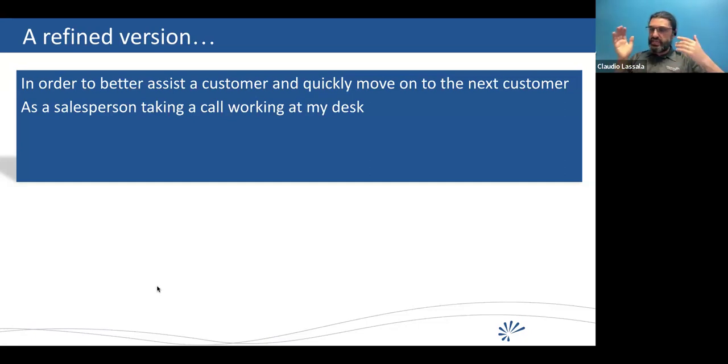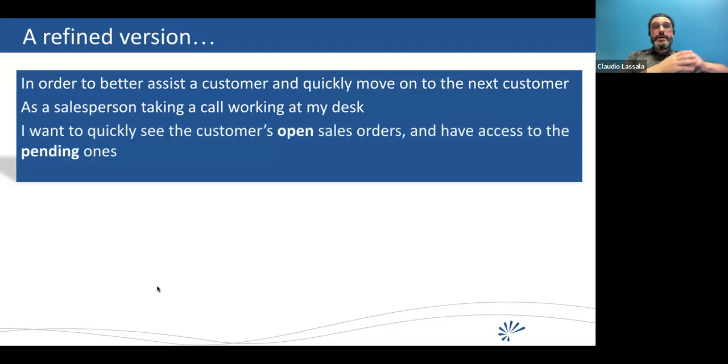Okay, the salesperson is sitting at their desk, so I can assume they have a big monitor at least, hopefully more than one screen, which gives me ideas of what to do. And I understand that they have people on the phone and they're trying to better assist that one customer, and then as soon as possible move on to the next one. I want to quickly see the customer's open sales orders.